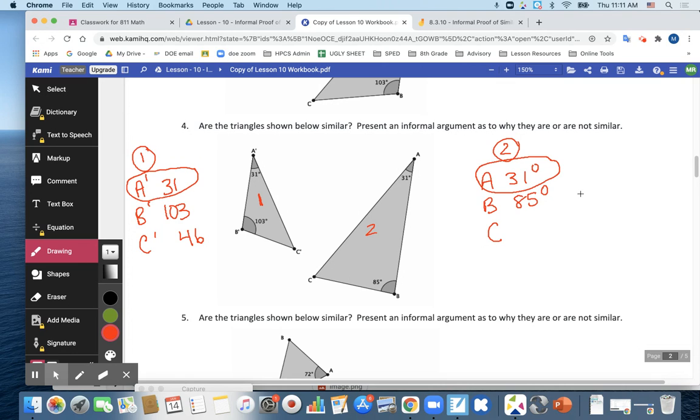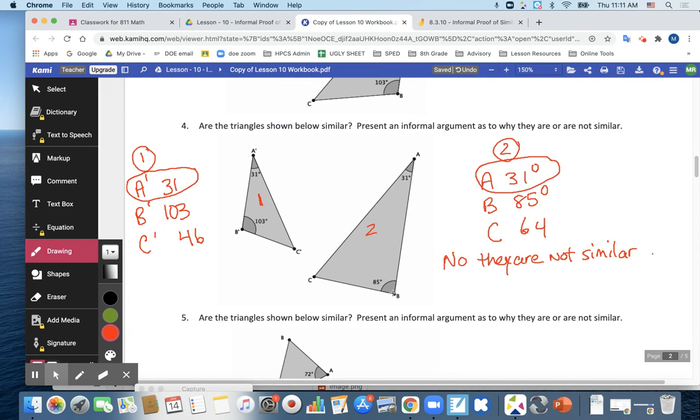So now let's do this one. 31 plus 85 is 116. Whoops. 180 minus 116 is 64. So the answer is no, they are not similar because they don't have two corresponding angles that are congruent.